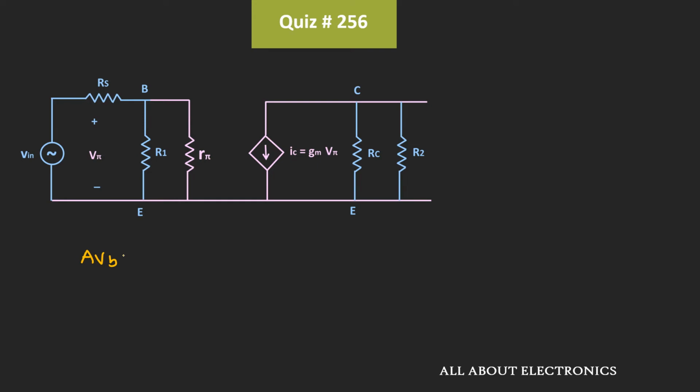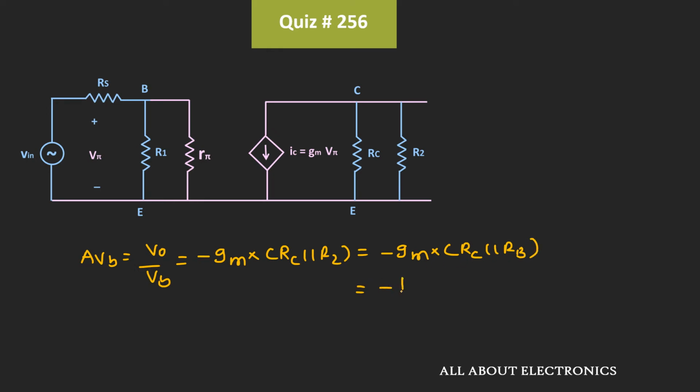This AVB is equal to Vout divided by VB, and it can be given as minus GM times RC parallel R2, that is equal to minus GM times RC parallel RB, that is equal to minus 1 by 26 times 12 kilo ohm in parallel with 100 kilo ohm. If we calculate the value of this AVB, it will come out as minus 412. That will be the value of Vout divided by VB.